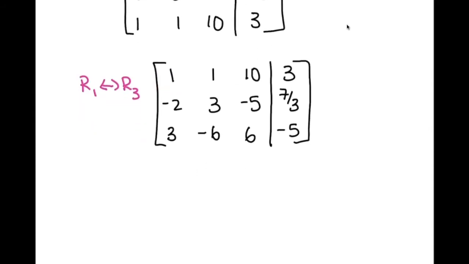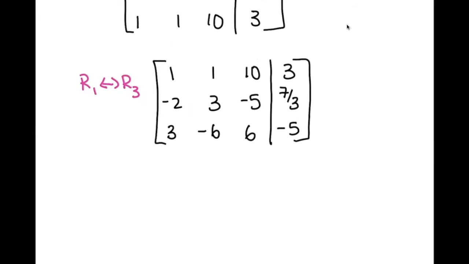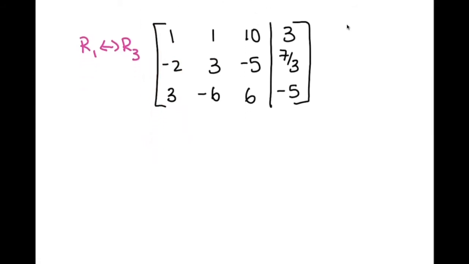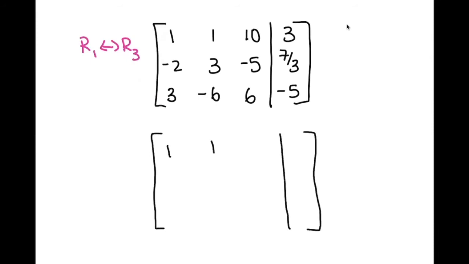Okay, now next thing I want to do, so we always want to make our 1s first, and then make everything in that same column 0. So the -2 and the 3, I want to make those 0s. Okay, so notice since I already have the 1 I needed on row 1, nothing is going to change in row 1. So that's the first thing I'm going to copy down. Now in order to get a 0 here, I want to use row 1.